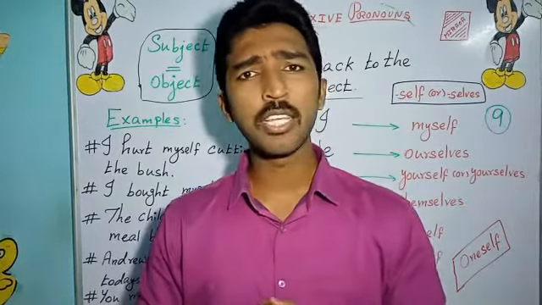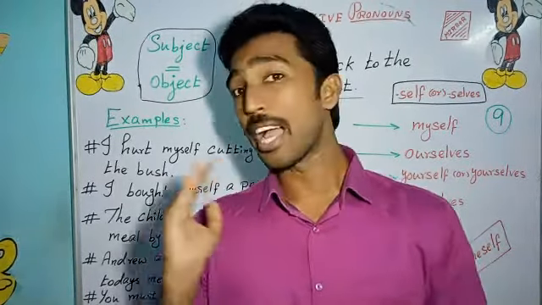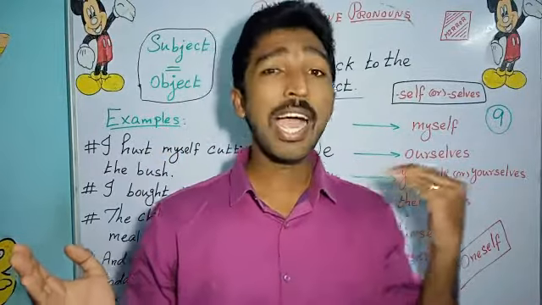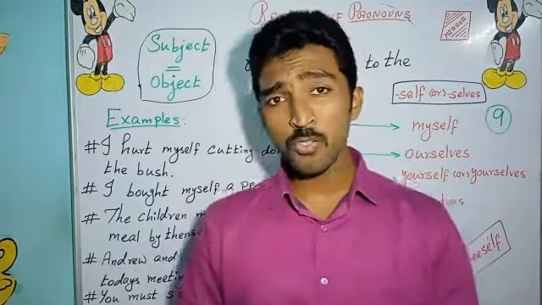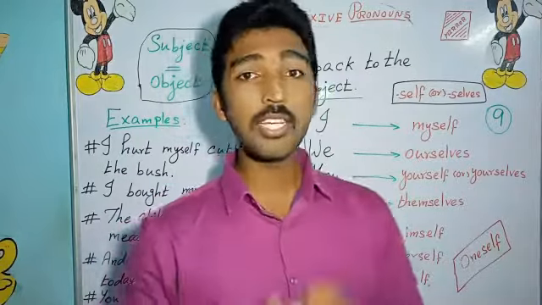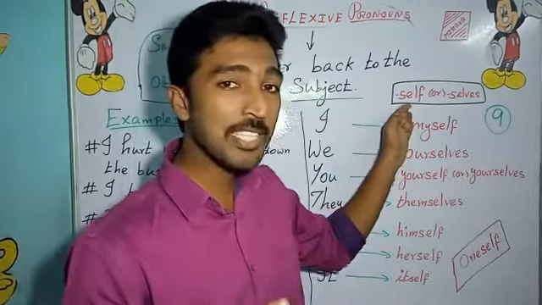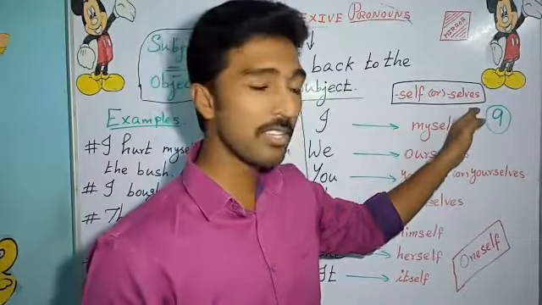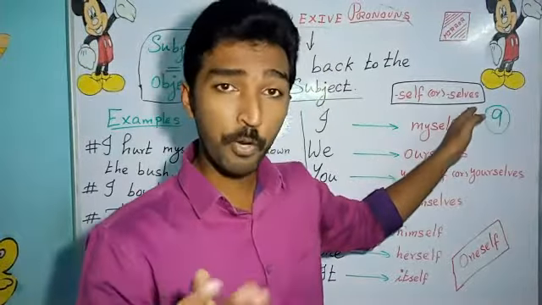And one more thing, a reflexive pronoun can act as either a direct object or an indirect object. Reflexive pronouns always end with self or selves. Self for singular, selves for plural.